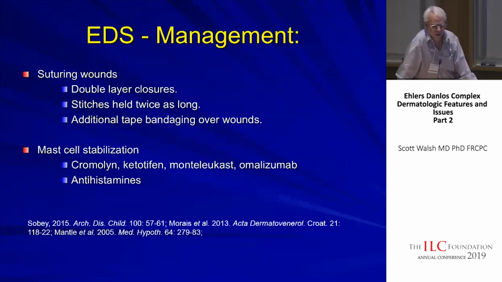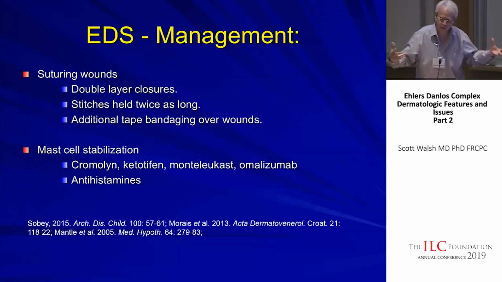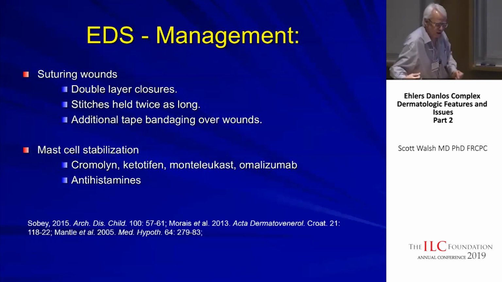There are some antidepressants like mirtazapine, which would block serotonin, which mast cells release. And then you could also try to stop mast cells from moving within the skin, and there are things like colchicine that can be used to inhibit mast cells from moving around. And then you can try to block stimulation of mast cells by IgE with things like omalizumab.